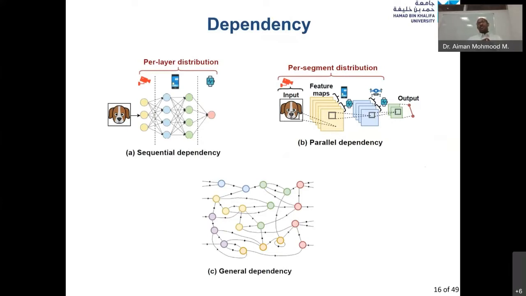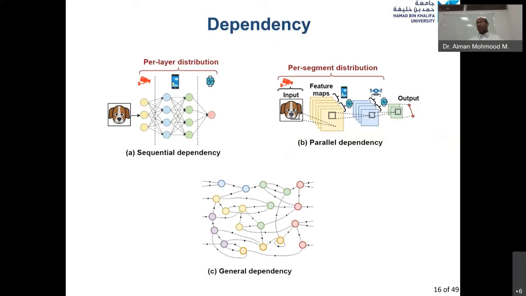And in that case, you can use the per-layer distribution, where each layer or two layers are assigned to a specific device, as we see here in A, or whether you have some parallelization, so you are breaking that layer into multiple segments or multiple feature maps, and now you can assign different devices to parts or segments of that layer and introduce parallelism within each layer.